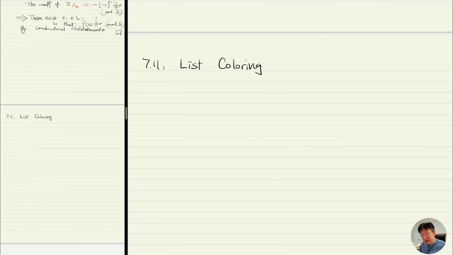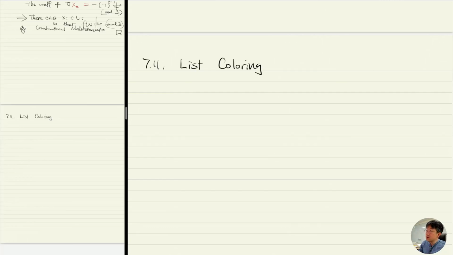And then a k-coloring of a graph is an assignment of colors to each vertex such that adjacent vertices get distinct colors. In the list coloring, each vertex may have a distinct set of colors available.